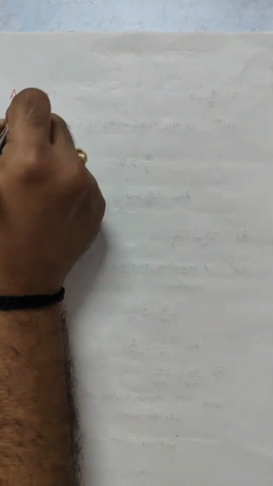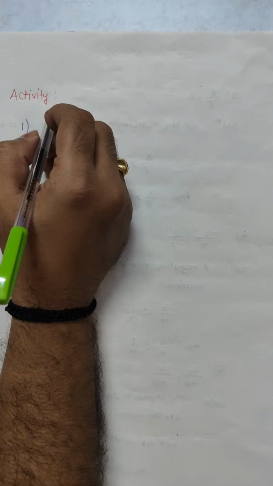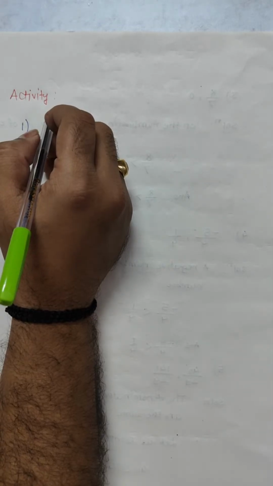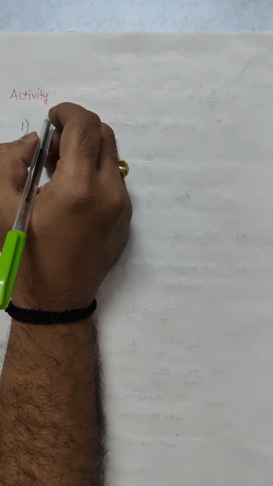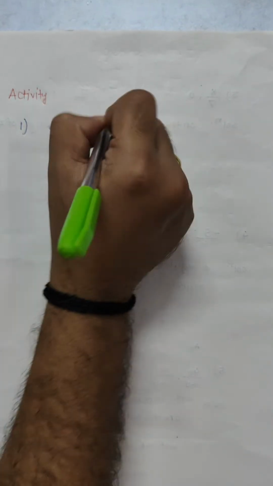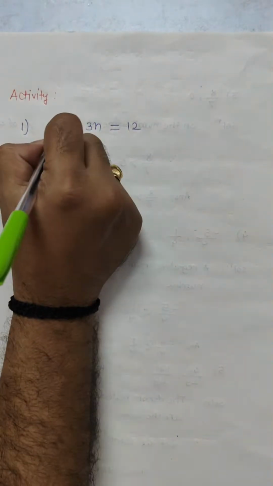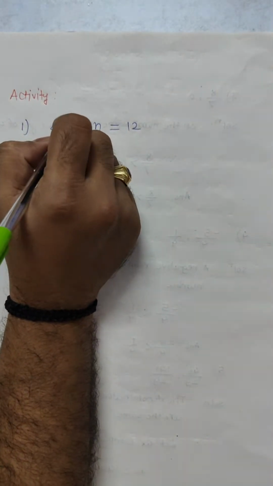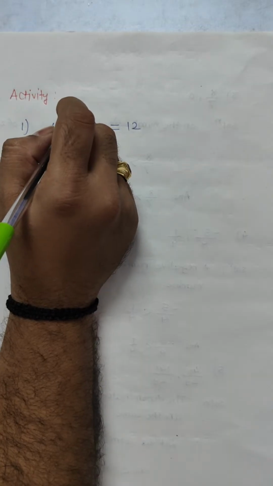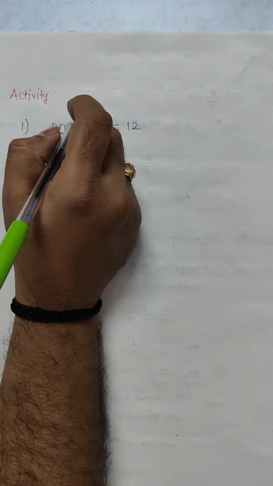Suppose the first equation in your activity. Check whether this is an equation in two variables or not: 4m plus 3n is equal to 12. There are two variables. What is the condition of a linear equation in two variables? It has two variables.